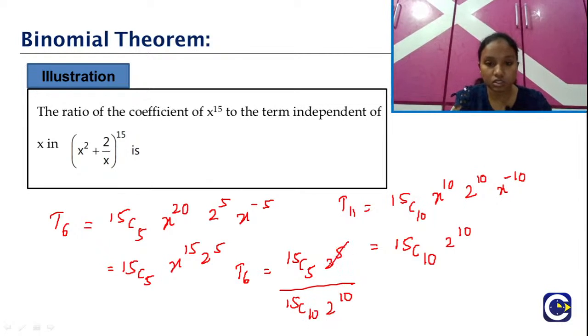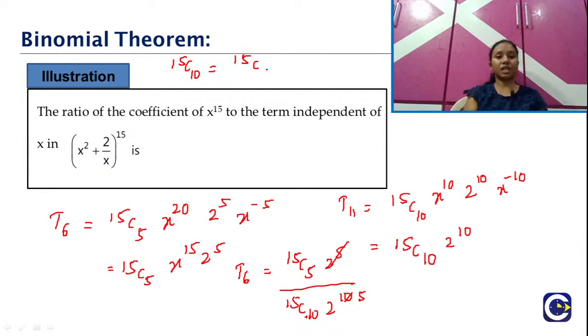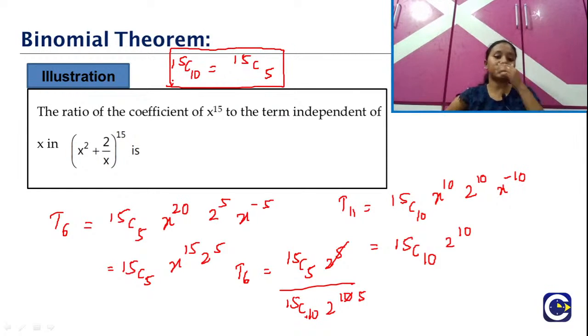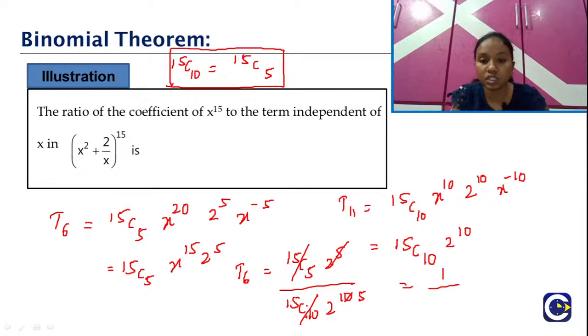Now 15c10 can be written as 15c(15 minus 10), which is 15c5, according to the properties of combinations. That means 15c10 equal to 15c5. So these two terms will get cancelled and we are left with 1 divided by 2 power 5. 2 power 5 is 32, which means the ratio here is 1 divided by 32.